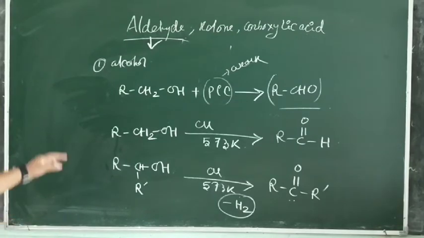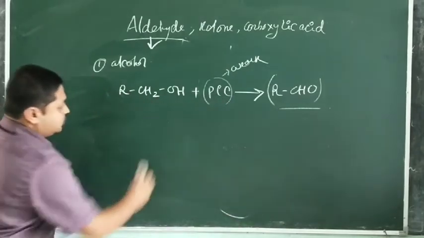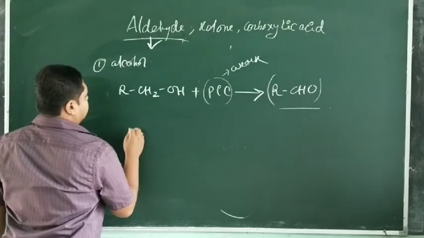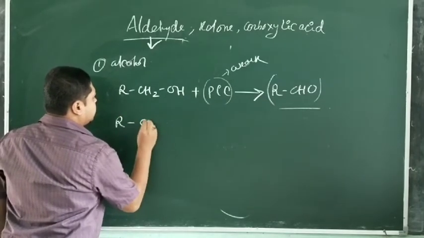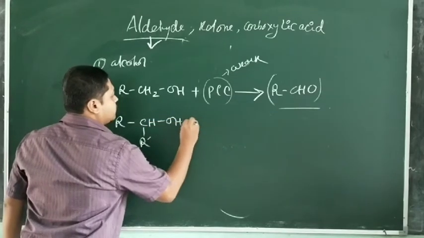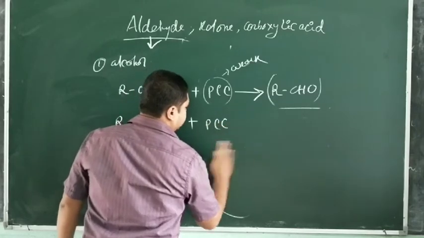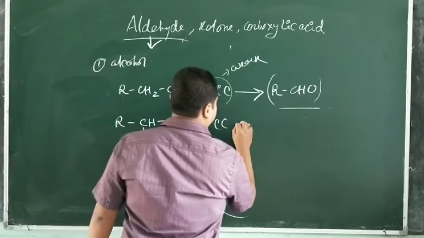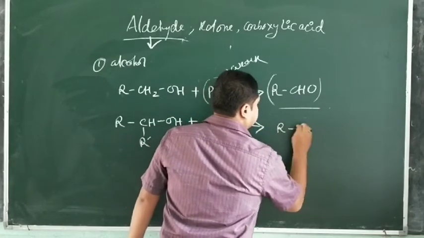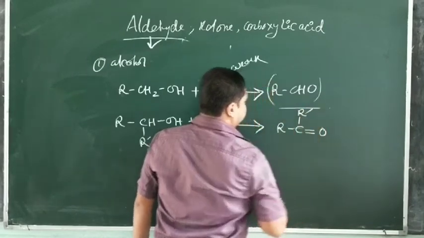Similarly, in the case of oxidation of alcohol, when a secondary alcohol is treated with PCC or any weak oxidizing agent, the product is a ketone.